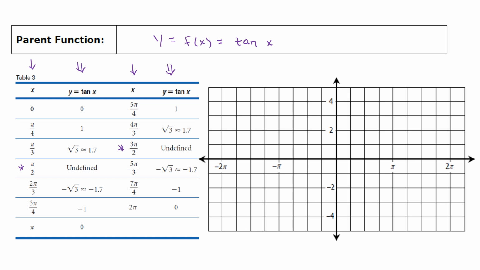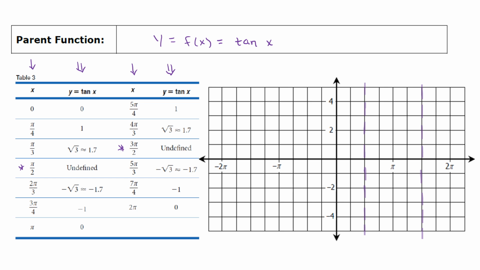So pi over 2 is right here. And then 3 pi over 2. Okay, so we know now that we have asymptotes at these two x values.